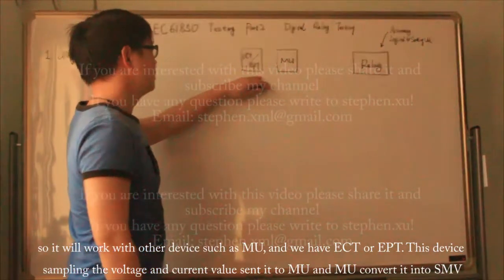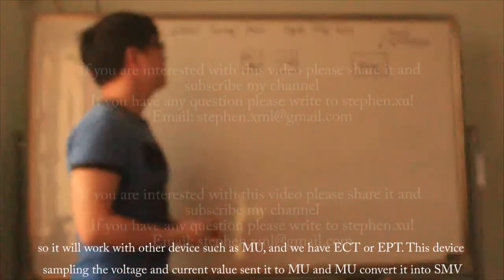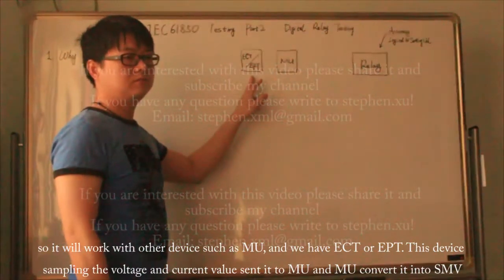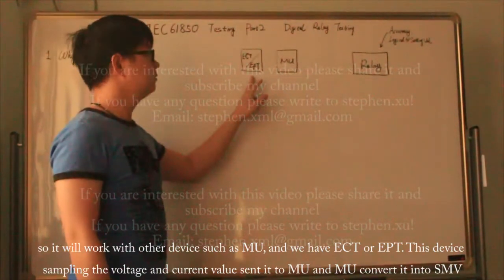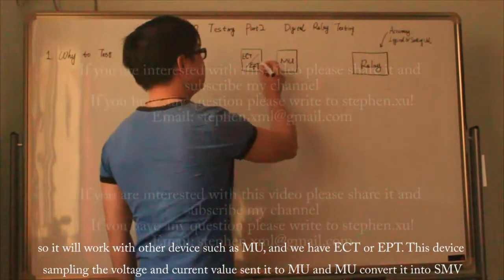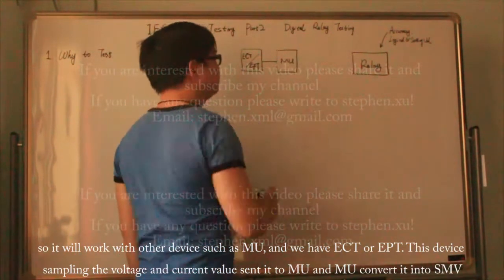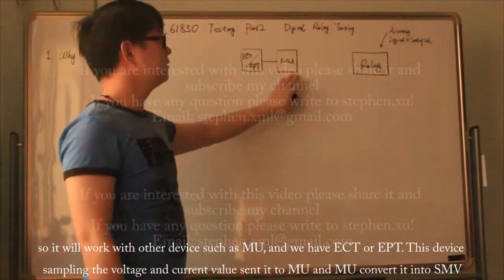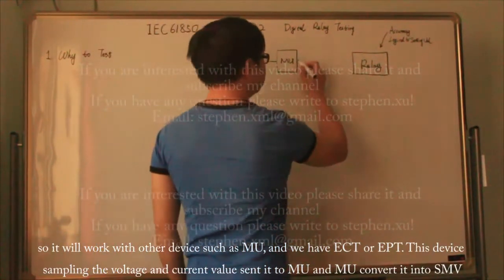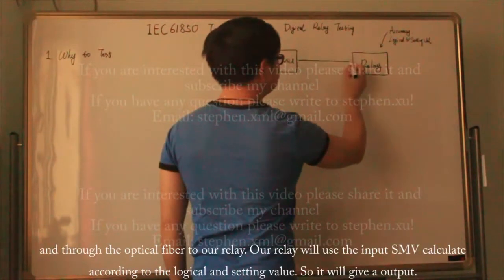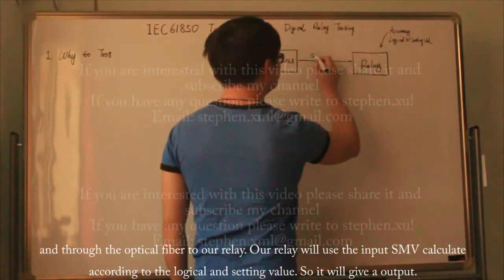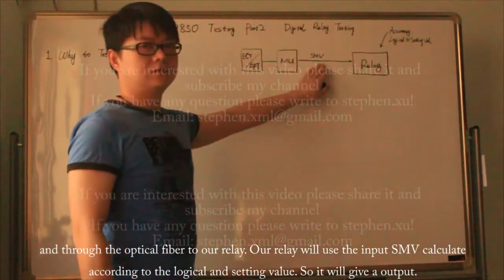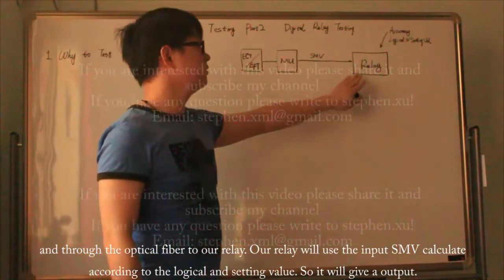This device samples the voltage and the current value and sends it to the MU. The MU converts it to SMV messages and sends them through optic fiber to our relay.